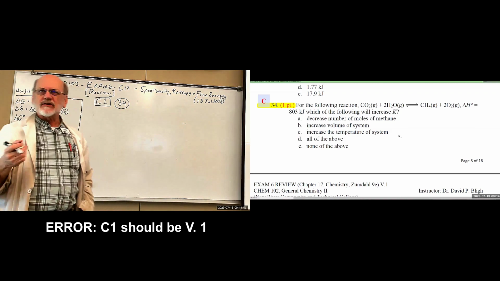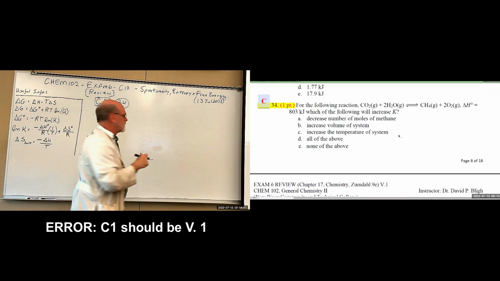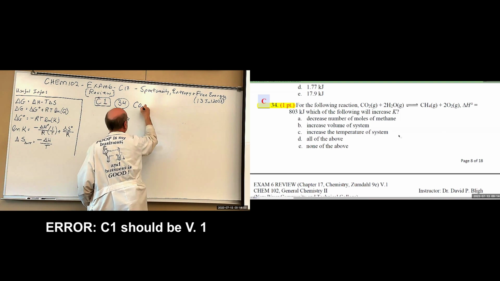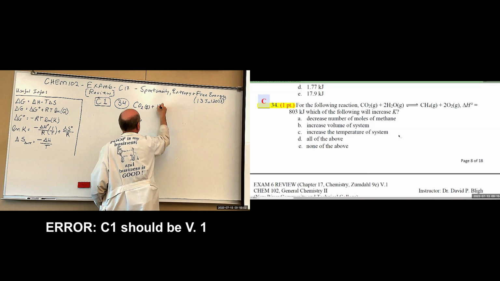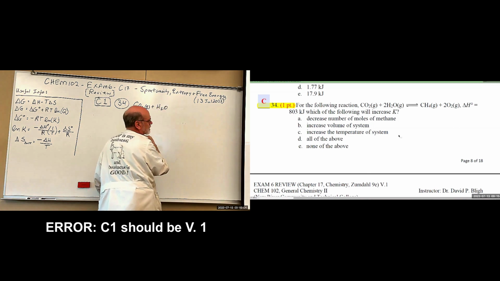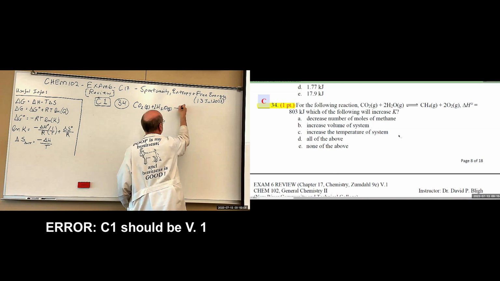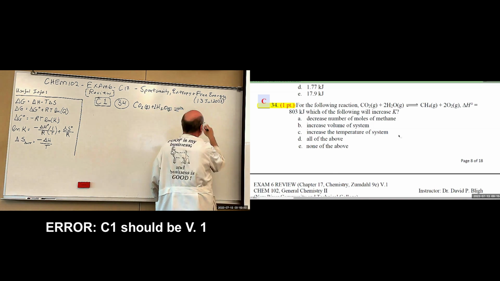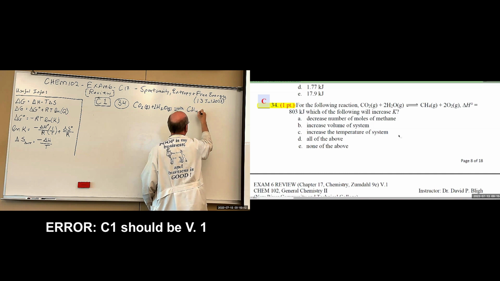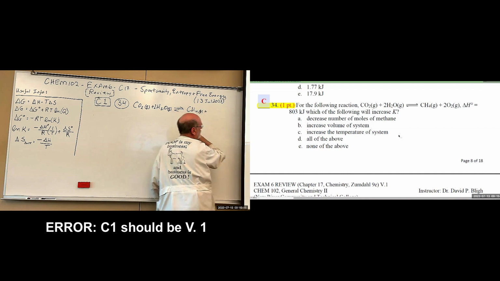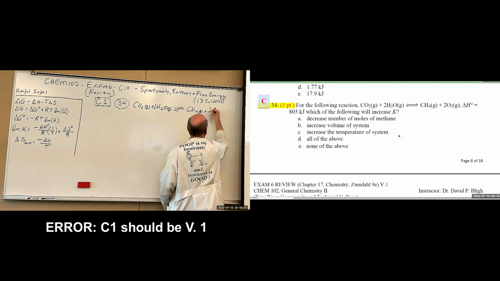For the following reaction, carbon dioxide, water, that's a gas, and water's a gas in this one, and we need two of them, in equilibrium with methane and oxygen.